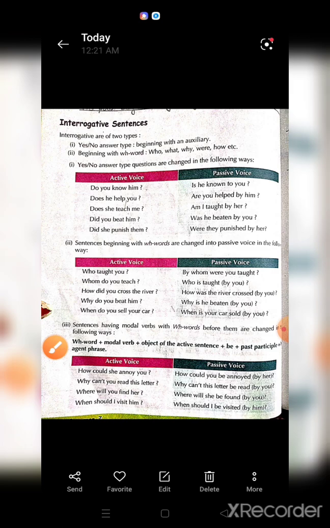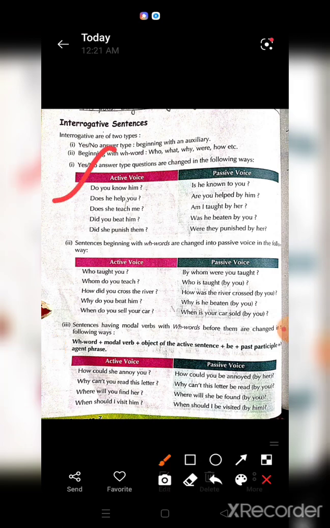All other parts are the same as the yes-no question. So who taught you? So by whom were you taught? Then why do you teach? So who is taught?